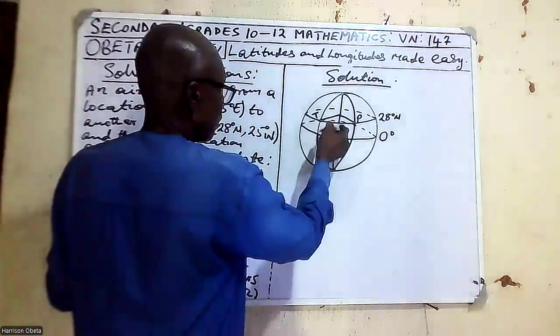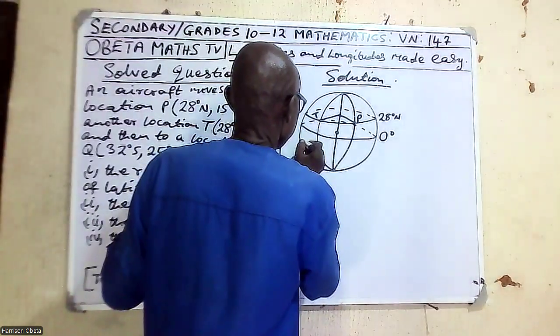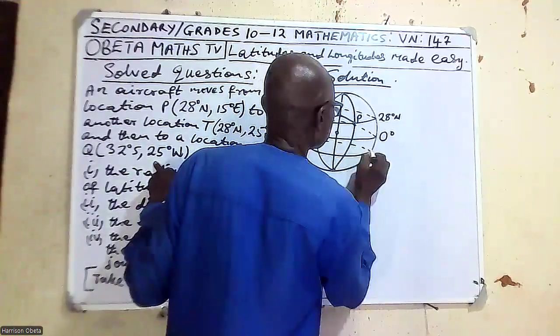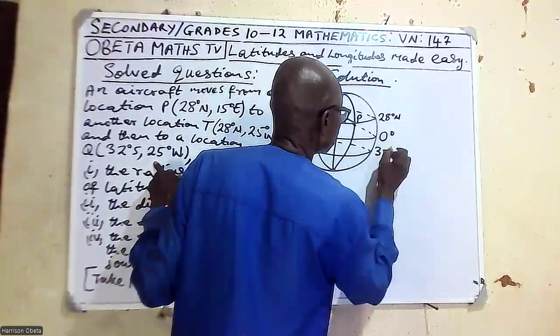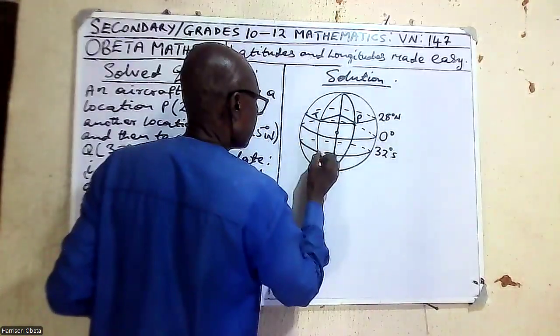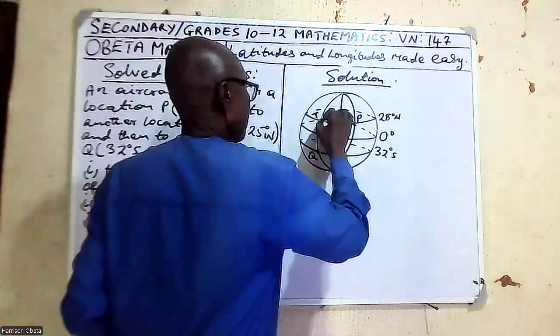That means through this longitude. So we are taking this to represent our Q.